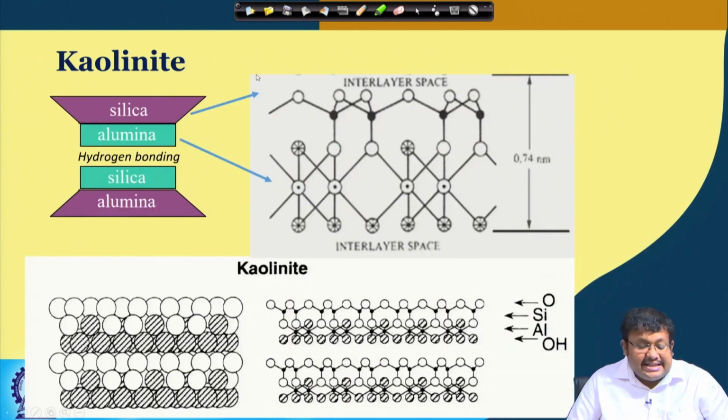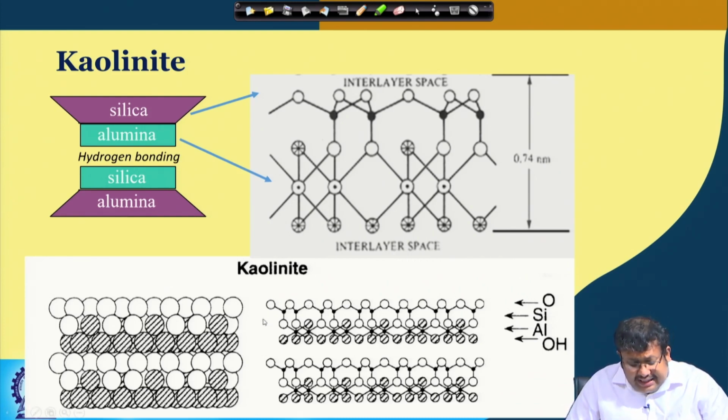So, this is basically the kaolinite structure, one silica tetrahedral sheet and one aluminum octahedral sheet. They are joined together by sharing the apical oxygen. Here you can see sharing the apical oxygen of the tetrahedral layer, and then it follows this 1:1 layer structure.